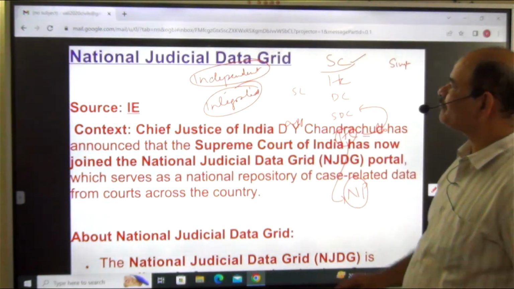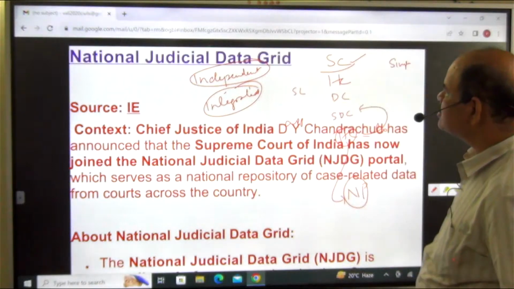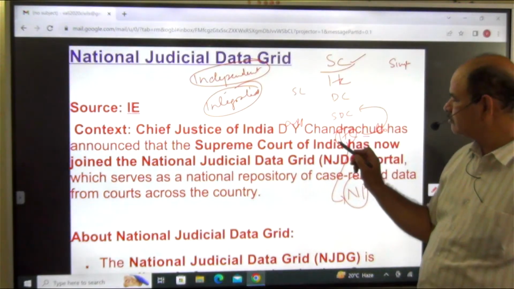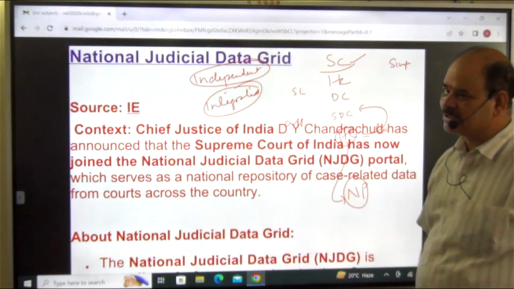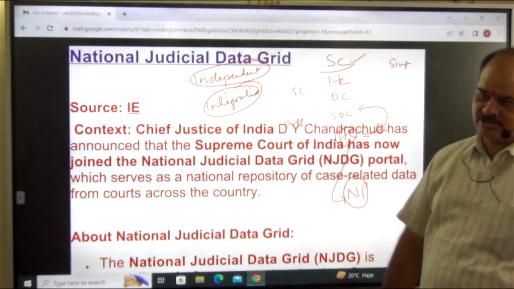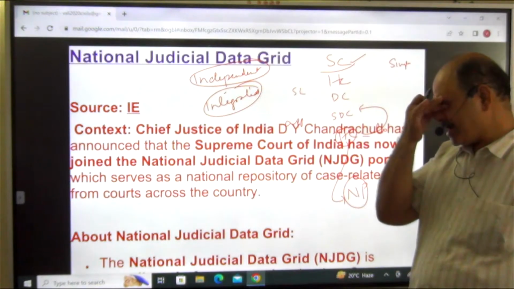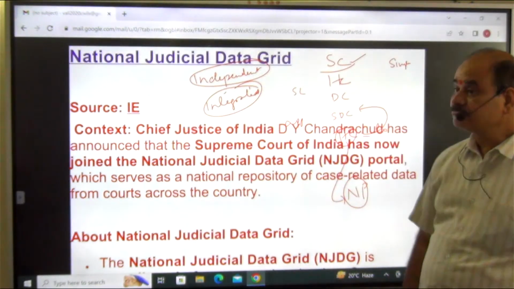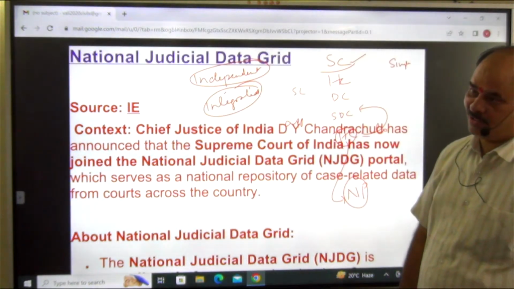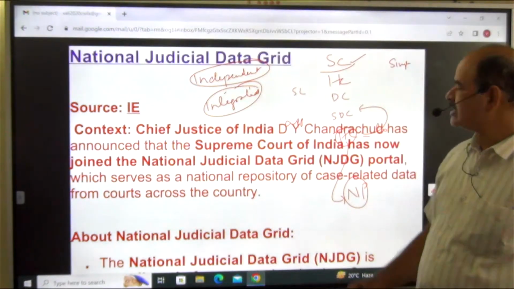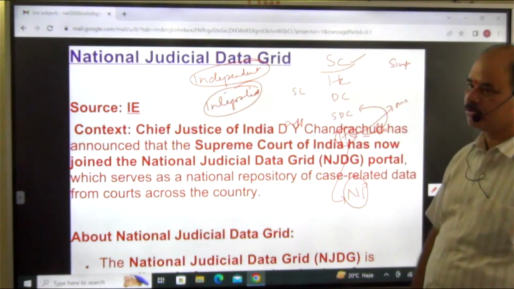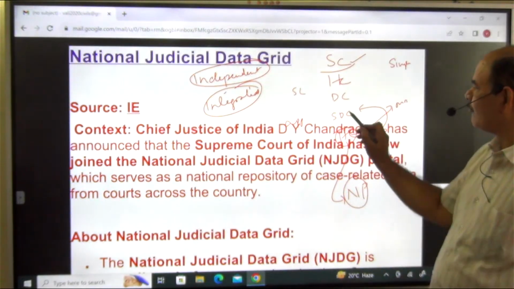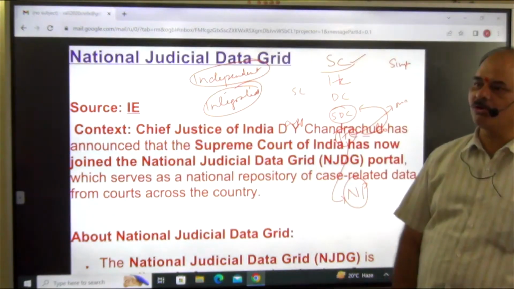So actually, what is the National Judicial Data Grid? Every judgment pronounced by the judges of the concerned courts, whatever the court in India, is kept in a portal. Suppose I lost a case in the municipal magistrate court and want to appeal in the upper court, now it is very easy.